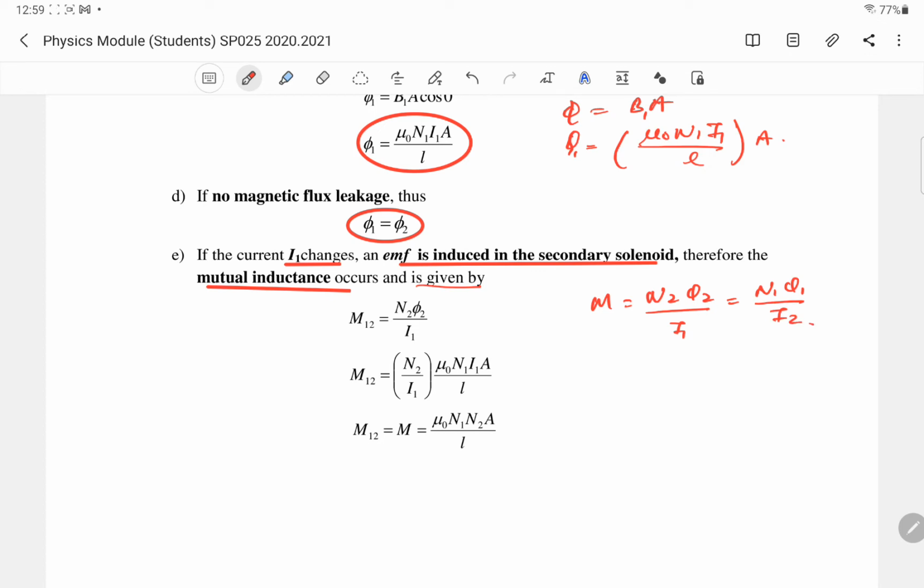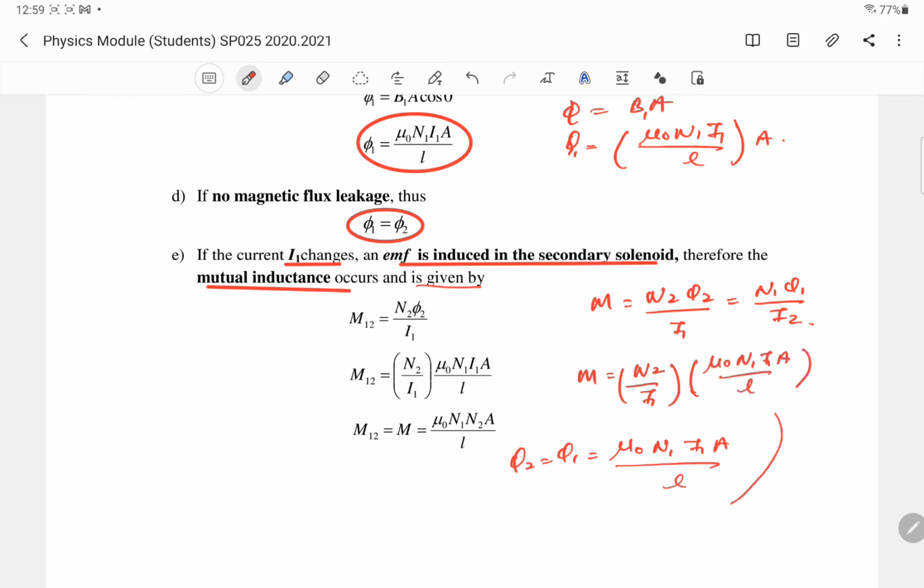So here we have M equals N2 over I1, and flux 2 equals flux 1 equals mu naught N1 I1 A over L. So we substitute this mu naught N1 I1 A over L.